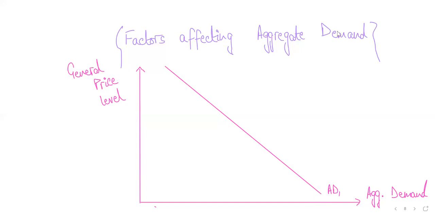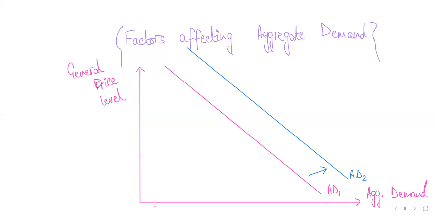Students, think about this. Just like a normal demand curve shifts for factors apart from price, similarly, aggregate demand will also shift either to the right or to the left, depending upon if any factor apart from general price level changes.